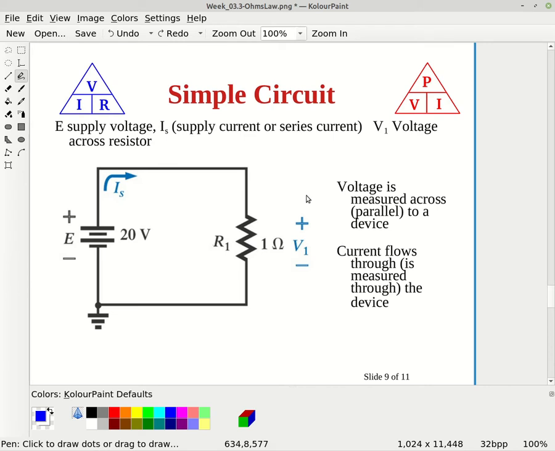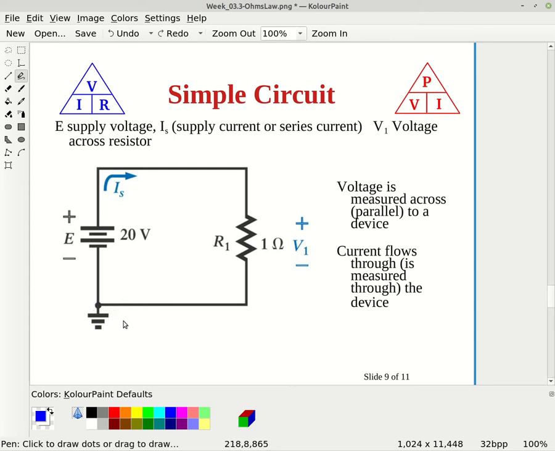And with this simple circuit, we see that we have a power supply. This is actually the symbol of a battery here, and so it's supplying a voltage. Now, it doesn't specifically state it here, but the fact that this symbol is used, we know for a fact that this is a DC power supply or a DC battery. This is the ground symbol.